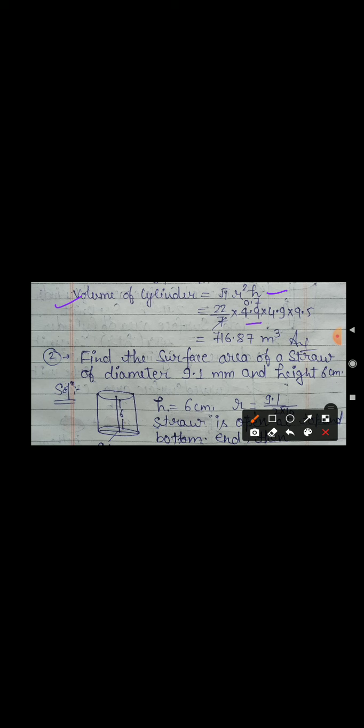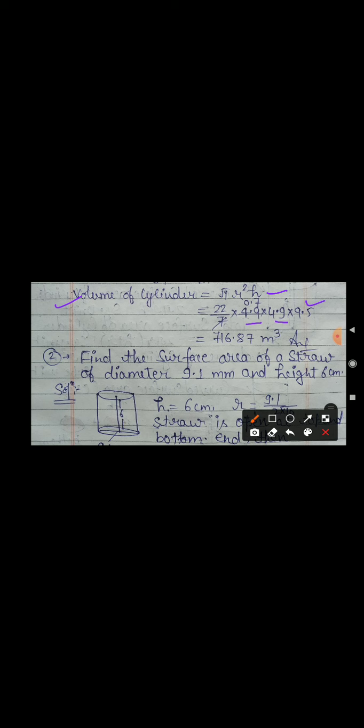You can see here r is equal to 4.9 and r square means r into r, so 4.9 into 4.9, and then h is 9.8.